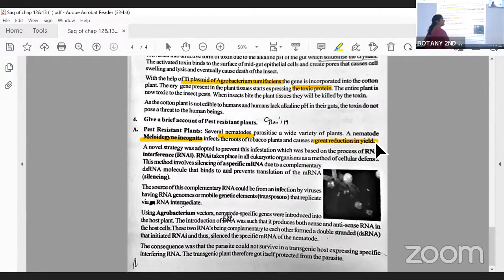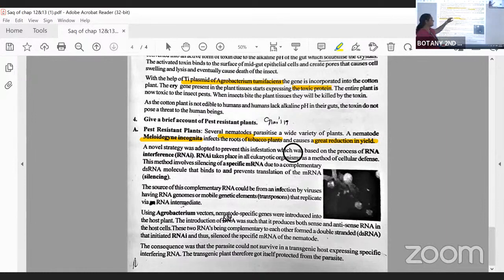Sometimes it leads to the death of the plant also. Which plant is going to be affected by this? Tobacco plants. Meloidogyne incognita infects the tobacco plant, reduces its yield and leads to the death of the plant. So how to protect this tobacco plant?